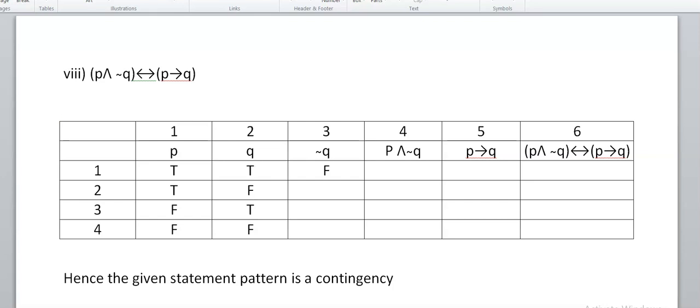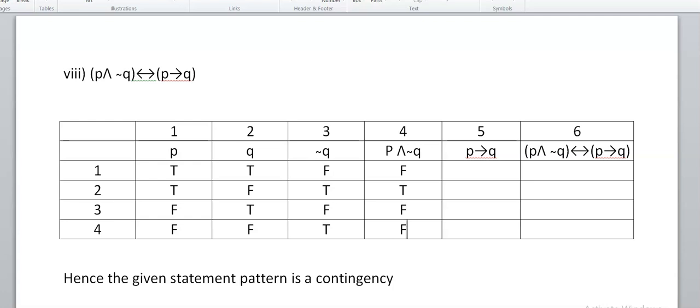Negation of Q is FTFT. Now P and negation Q: T and F is F. Next is T and T is T. F and F is F. FT is again F.